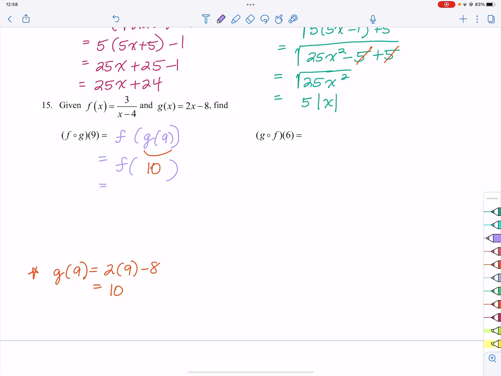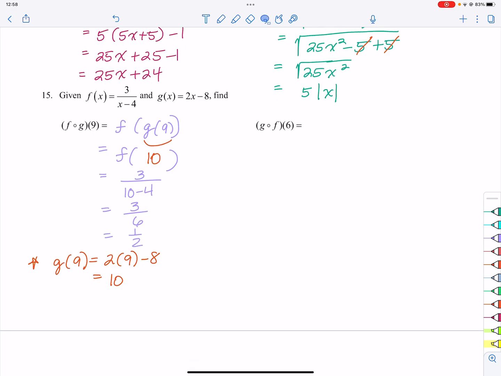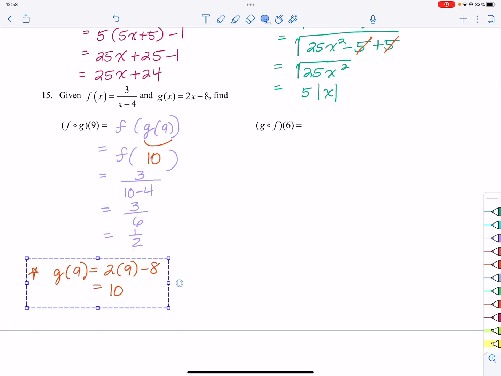And that's equal to 3 divided by 10 minus 4, 3 divided by 6, and that's equal to a half. Okay? And I'll just highlight g of 9 and g of 9.